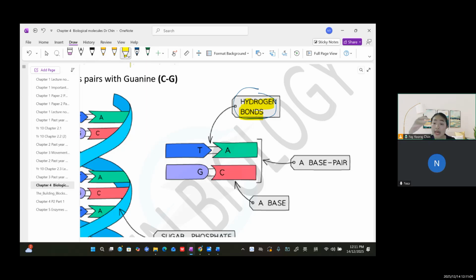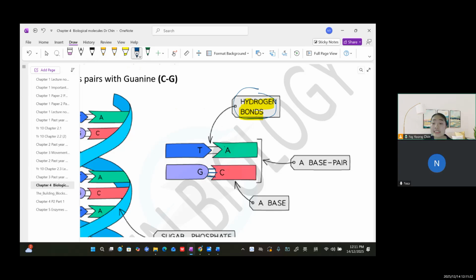So that's why they call it hydrogen bond. Between the base pairings of the DNA, they will have the hydrogen bonds. So the A and T actually have 2 bonds. However, C and G have 3 bonds, okay? This is just for extra knowledge. So that's why A pairs with T, C pairs with G.